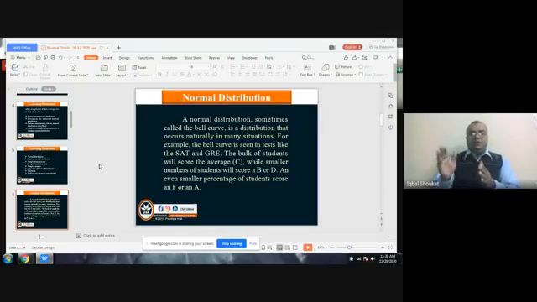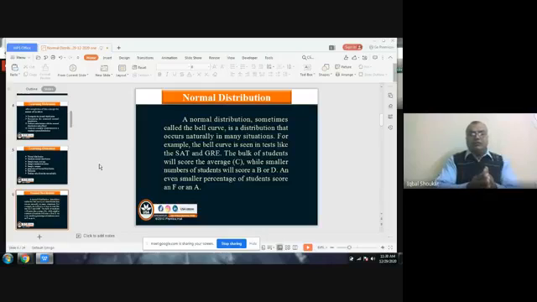As I told in the start, the normal distribution is known by various names. It is known as the bell-shaped distribution, the asymptotic curve, or a curve that naturally varies in many situations.